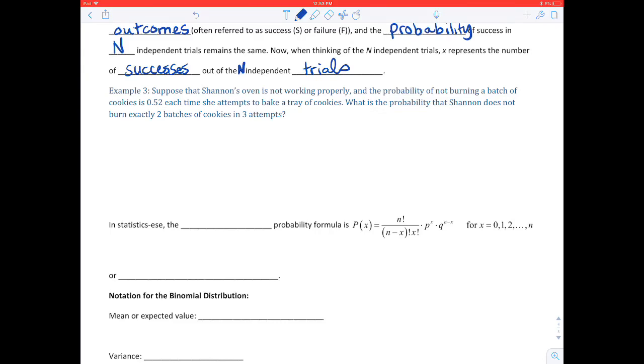So we could say let S denote the event of not burning a batch of cookies.